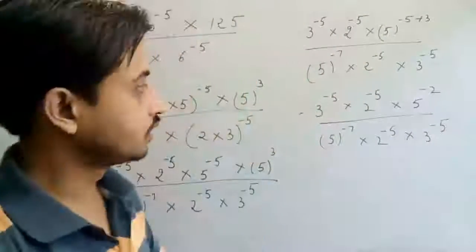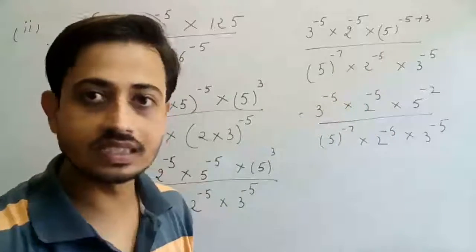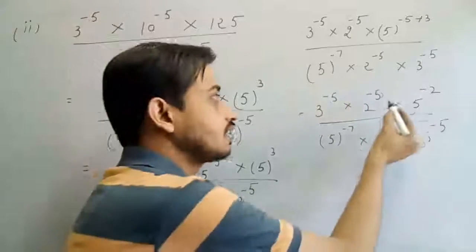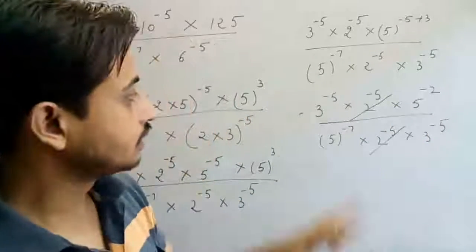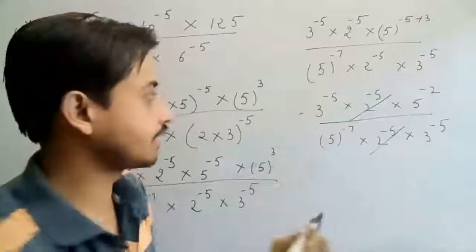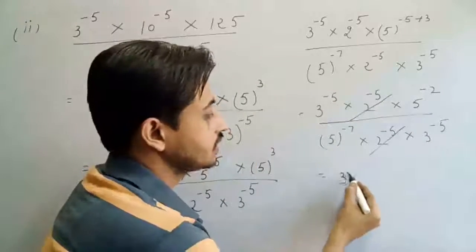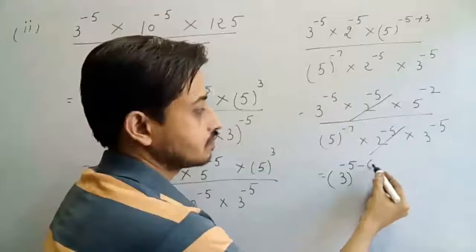Now please look, 2 raised to the power negative 5 and 2 raised to the power negative 5 are the same terms, so these are cancelled out. Now look at 3 and 3 in divide form. So the power gets subtracted. So what's the answer? 3 raised to the power minus 5 subtract minus 5.